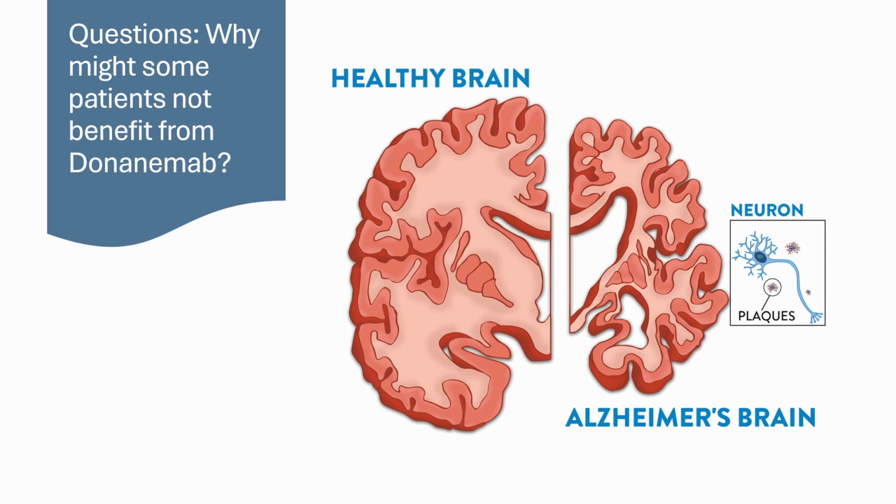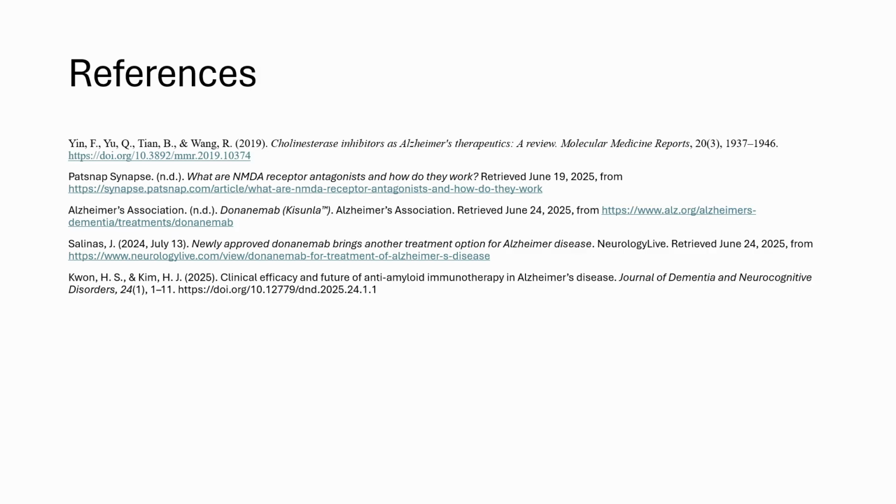And this is what this image here is showing. So essentially, intracellular support and communication are permanently impaired, and neuron cell death, as we know, is an irreversible process. So donanemab is most efficiently used before we have too much of a deficit due to the neuron toxicity and neuron cell death. Thank you for watching.